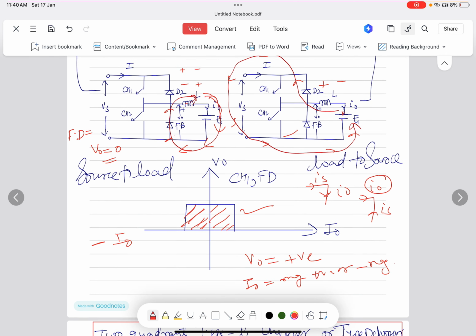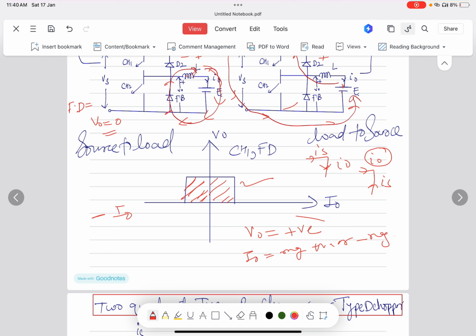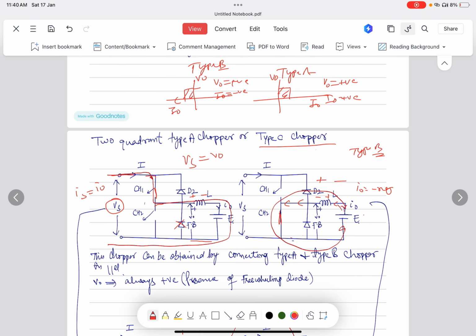So in the type C chopper, you can see that the output voltage is positive, and the current may be positive or negative. This question is mostly asked in MCQs: in which chopper is the current negative or positive, but the voltage is always positive? That chopper we call the type C chopper. We will discuss the next chopper in the next class. Thank you very much.